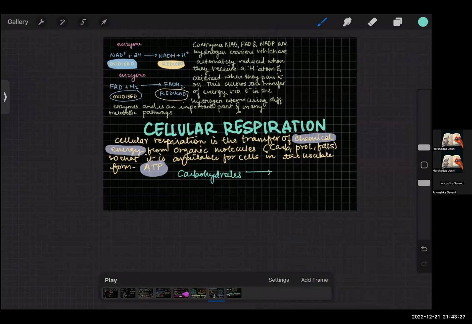carbohydrates, the carbohydrates will give you 16 kilojoules per gram of energy. Okay, these carbohydrates are going to include your starch, glycogen, glucose, sucrose, or even your lactose.